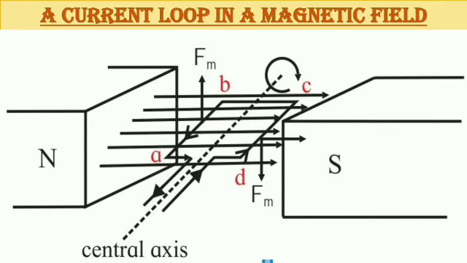So here, a current loop in a magnetic field is what we studied in our previous video lecture. Let's have a quick revision of that topic so that we can move further.